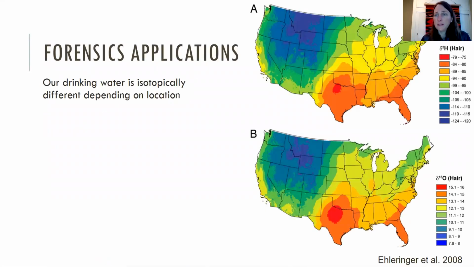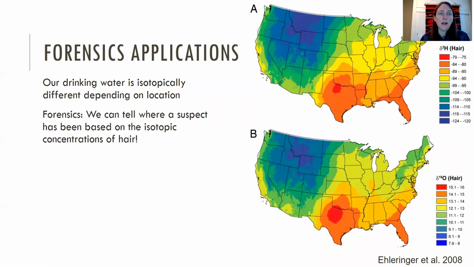Okay, so some forensic applications. Our drinking water is isotopically different depending on where we're living. And so you can test your hair and tell where you were drinking water back through time. If you moved from one part of the country to another, the isotopes in your hair would take on those signatures as you moved.